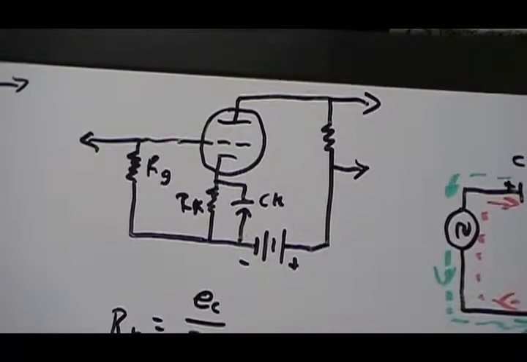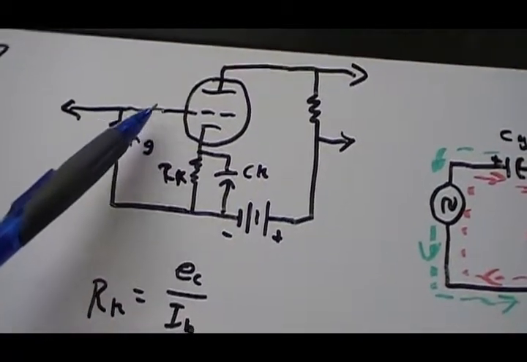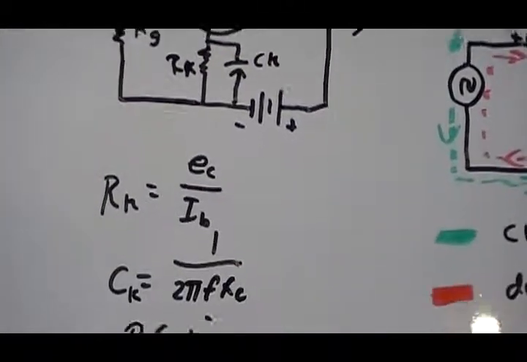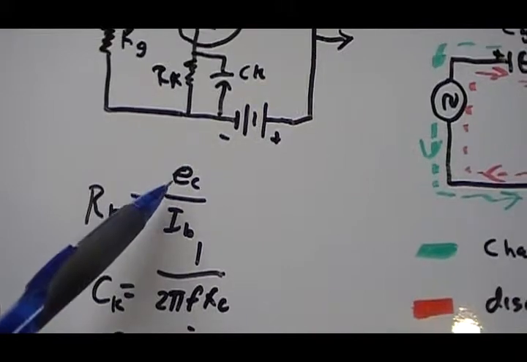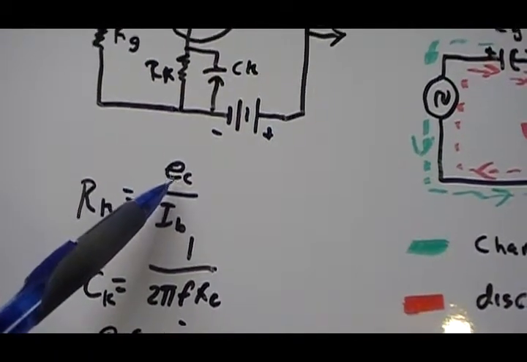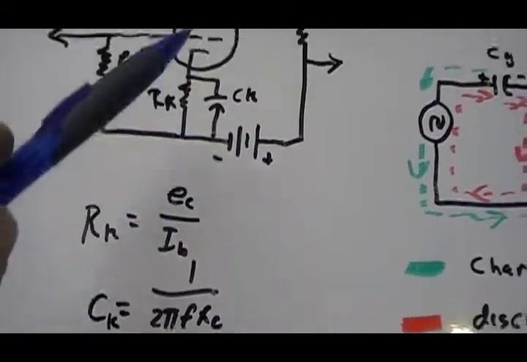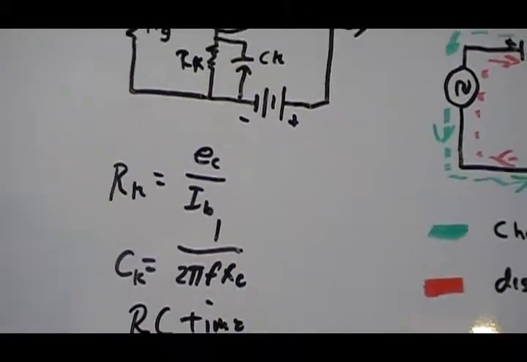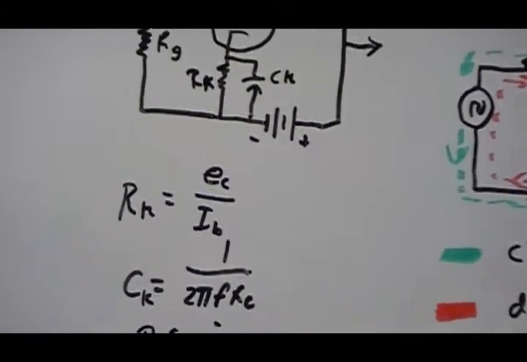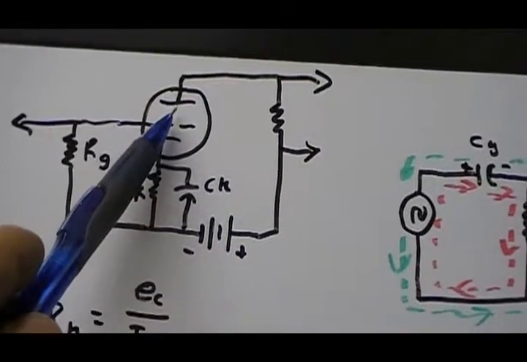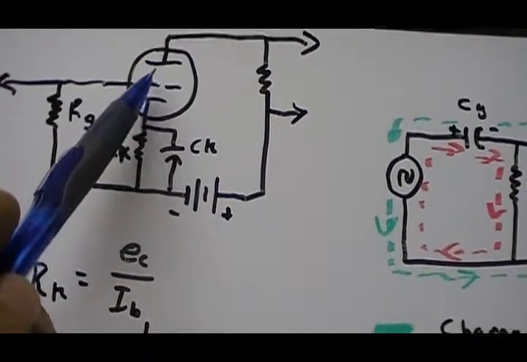Then you just simply use Ohm's law. You have already determined what voltage you want here for your grid. So RK is your grid voltage, your operating point, no signal, divided by the plate current. And that'll give it. Now, that's fine for a triode. If this is like a pentode, you have to add in one other current, and that's the current that goes through the screen.